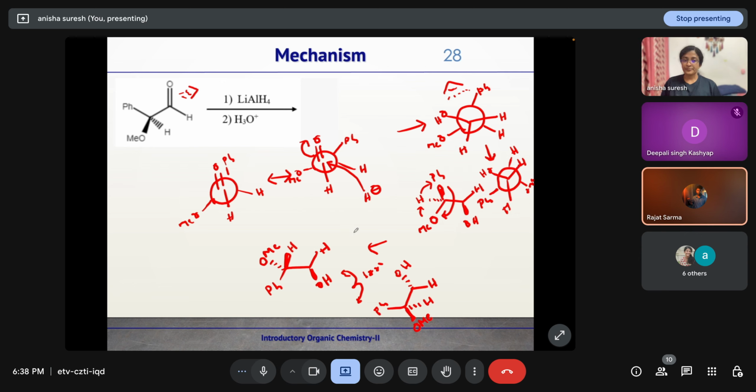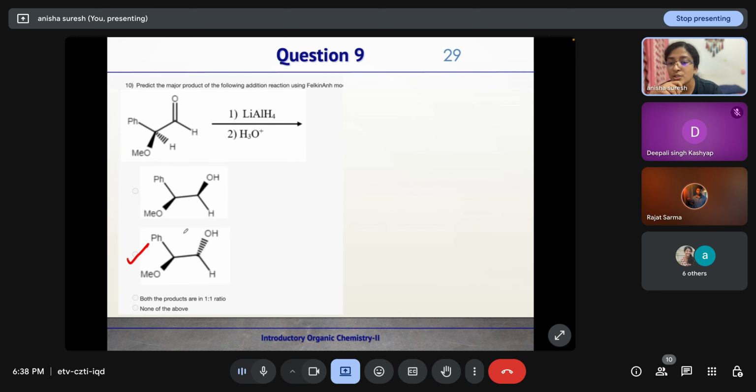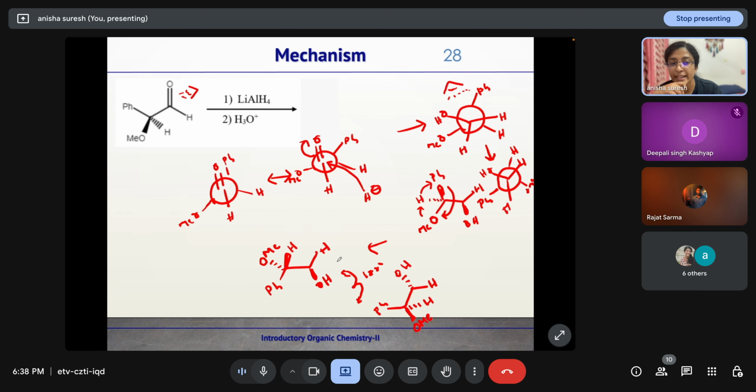Clear? But why are we rotating the phenyl, methoxy and then this hydrogen? Based on the product that is given in the answer, for getting that, we have just rotated.